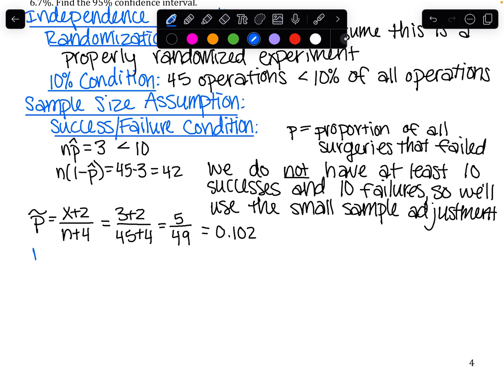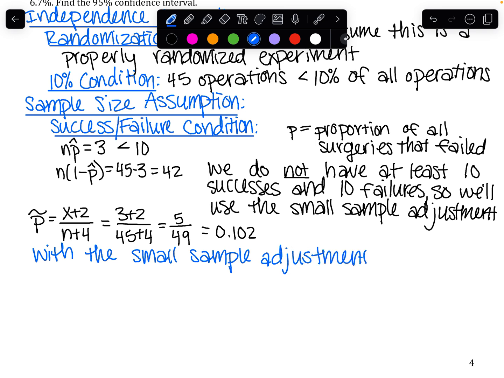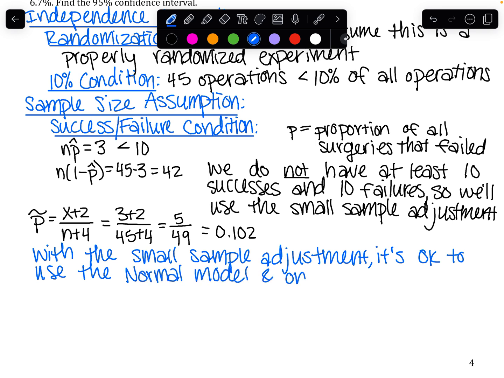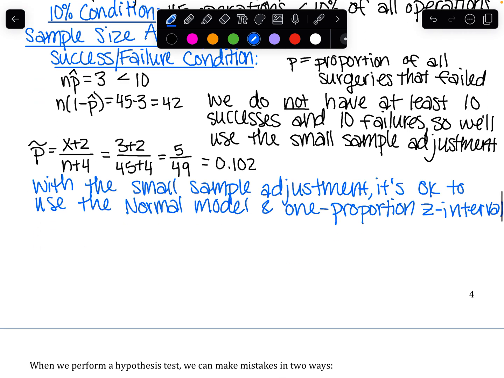And then I'm going to say, with the small sample adjustment, it's okay to use the normal model and a 1 proportion z interval. Okay, you don't have to go back and check success failure again. We're just going to use this new method, which we stated.